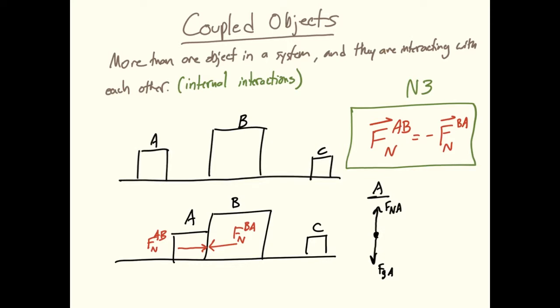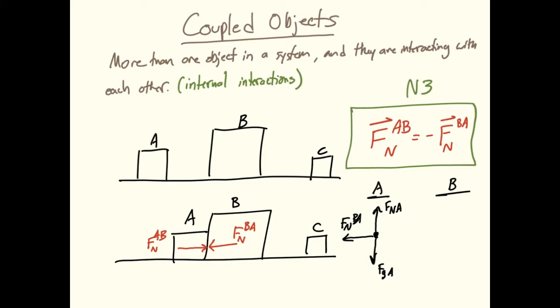And then I need to include the force of B acting on A. That's this guy, because that's the one that's acting on the free body diagram I'm trying to draw. So if I copy that over here, it looks like it's about that big, Fn B on A.